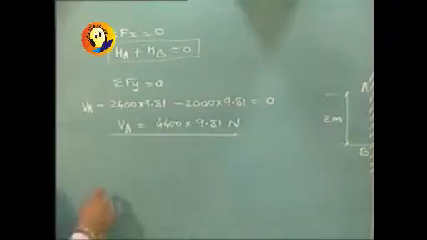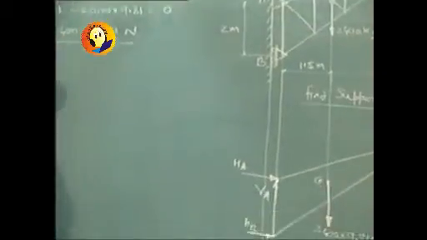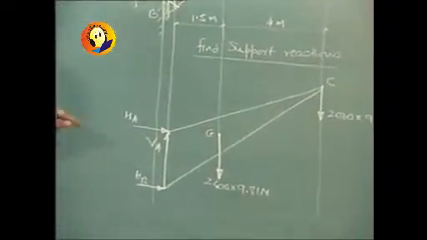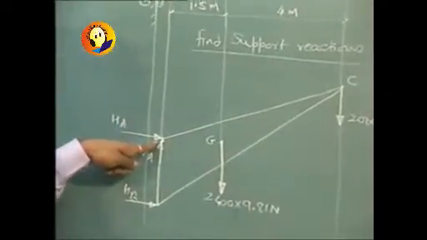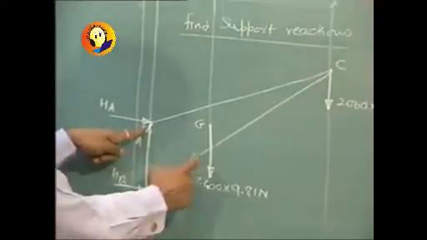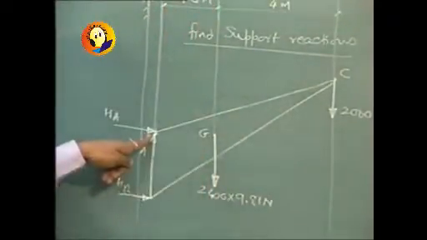The third equation is sigma moment. There are three unknowns. I will be again taking moment about point A. So sigma moment about A equal to 0. Now observe that when we take moment about point A, due to weight there will be a clockwise moment, vertical force into horizontal distance given to us as 1.5 meters.